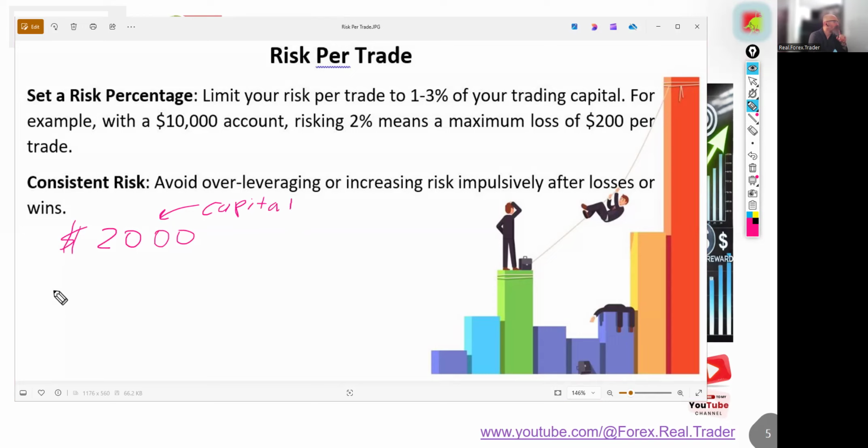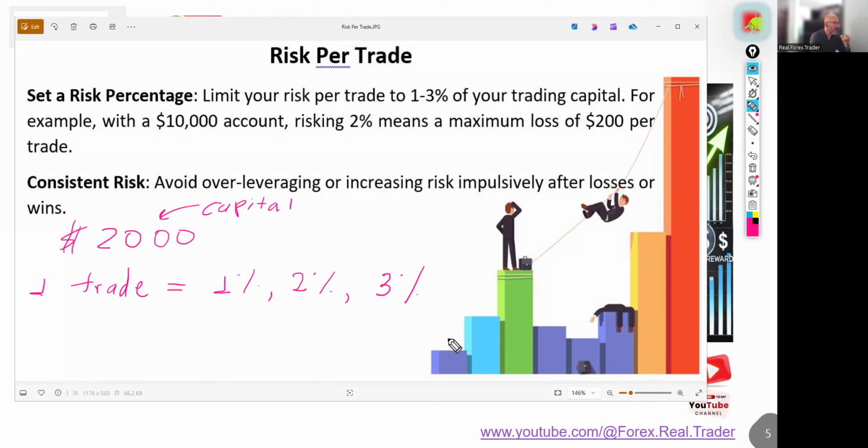And I'm going to place one trade. That trade must be equal to 1% of the account if I am very conservative, 2% if I'm a little bit riskier, or maximum 3% in that very single trade.